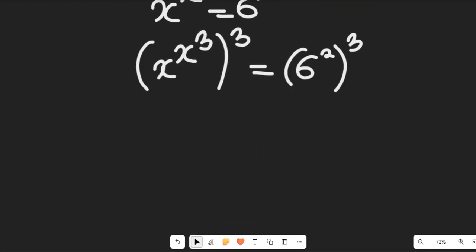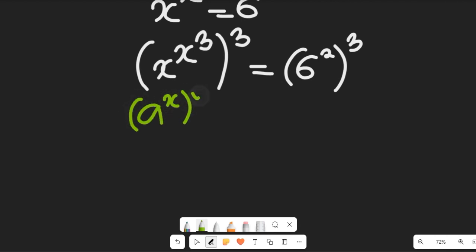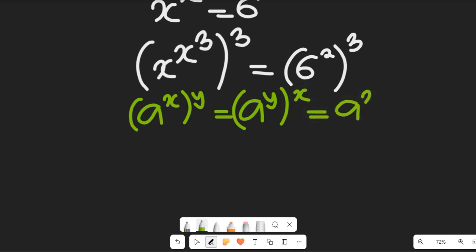Now, in the next step, we are going to consider a law of indices. In that law of indices, if I have a to the power of x multiplying y, this can be equal to a to the power of y multiplying x, and this can also be equal to a to the power of x multiplying y.